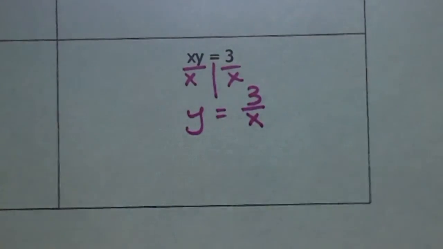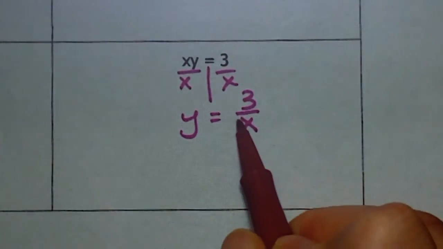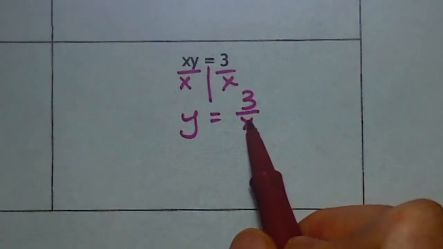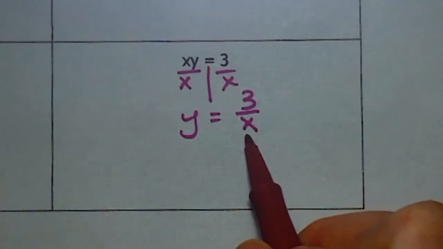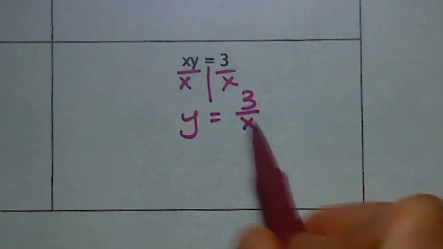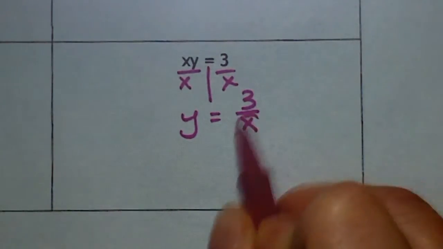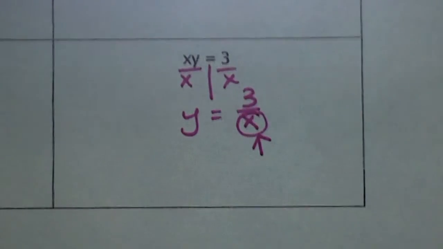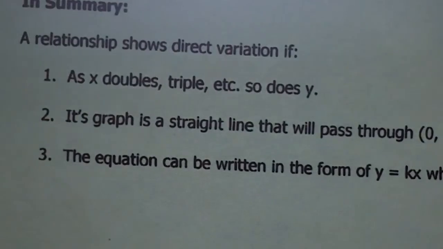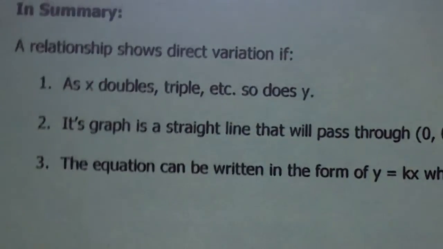With this, even if I put a 1 in front of the x, it would be 3 divided by 1x. And I'm supposed to be multiplying the 3 and the x. So if I'm dividing by x, that's not going to work. So if you see x in the denominator, it's a no. That's not direct variation.